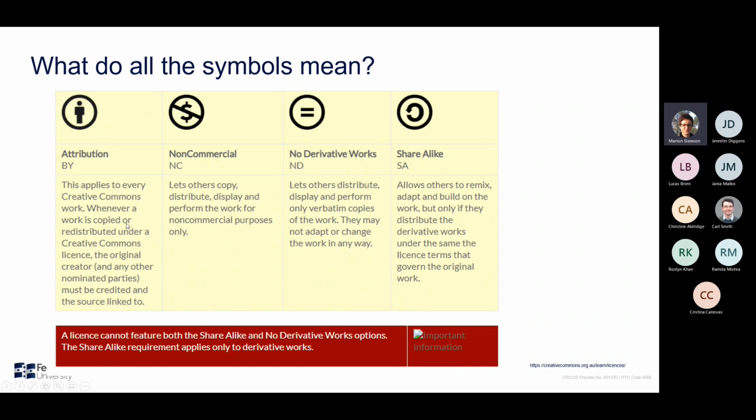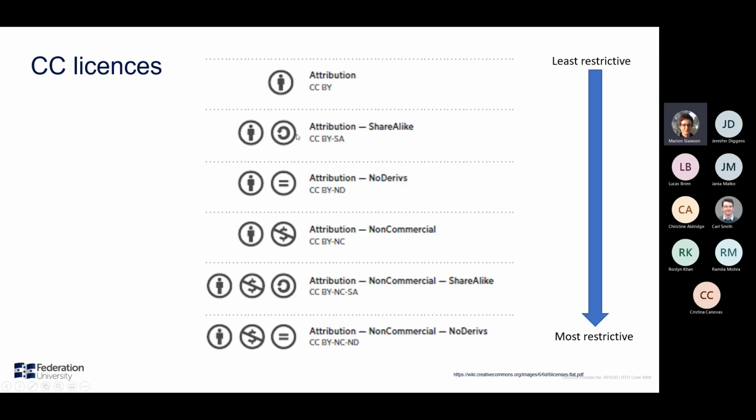So it just means that if you are going to create a new artifact and the original has had, say, this license applied to it, so you must attribute and share alike, then if you create something and republish it, you must apply the same licensing to that as the original item that you used in part of creating your own works.